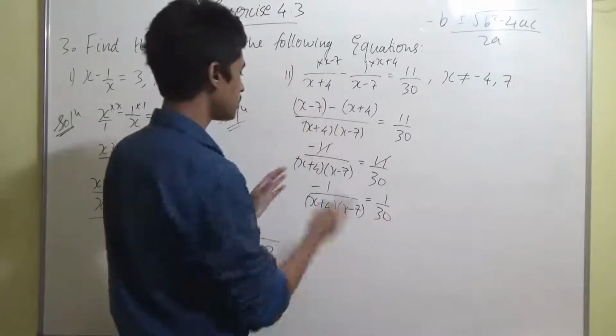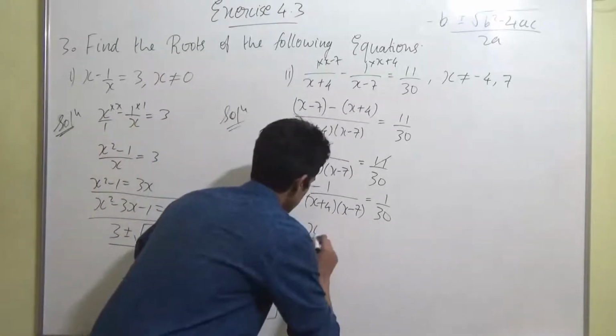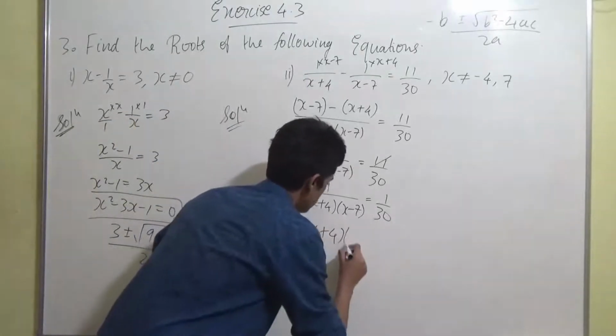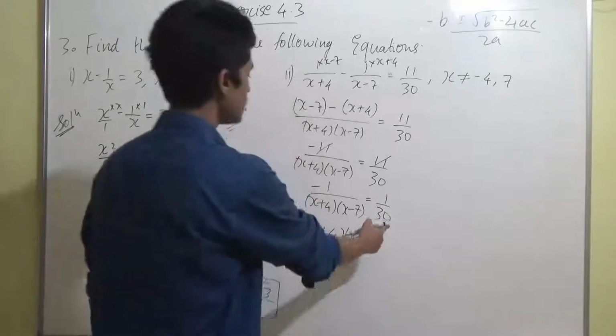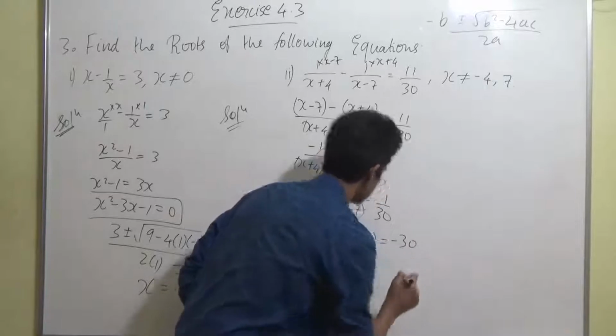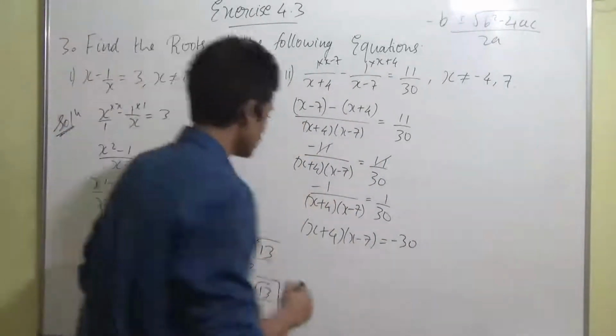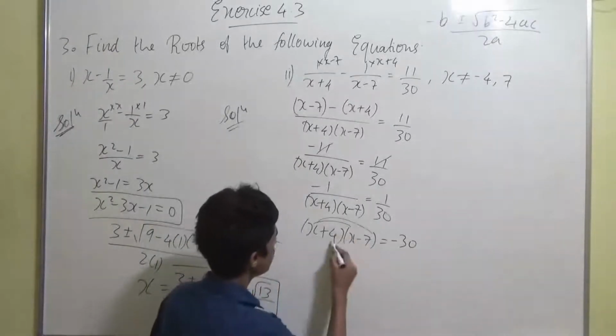Now what you have to do, guys? You have to just cross multiply it. If you cross multiply, it will become x plus 4 into x minus 7. Here 30 will get cross multiplied with minus 1. It will become minus 30, equal to minus 30. Getting it, guys? It has reduced to this form. Now we'll expand this. You have to multiply this out.